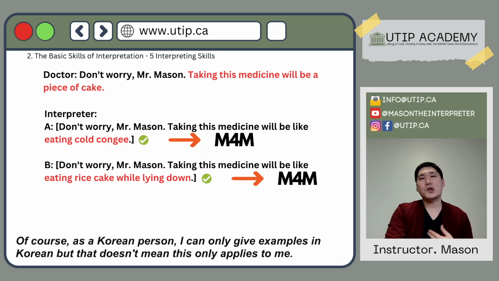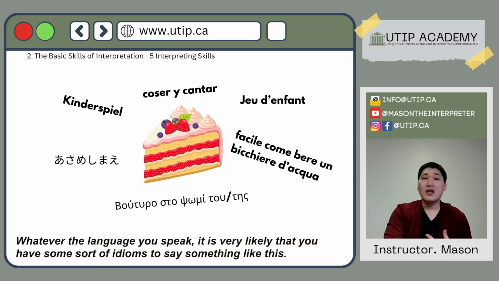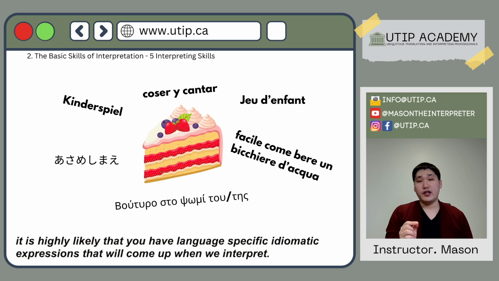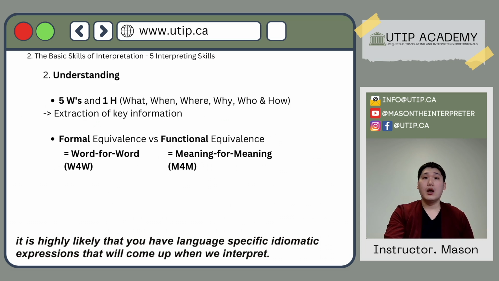Of course, as a Korean person, I can only give examples in Korean, but that doesn't mean this only applies to me. Whatever the language you speak, it is very likely that you have some sort of idioms to say something like this. Even if you believe you don't for this specific example, it is highly likely that you have language-specific idiomatic expressions that will come up when we interpret.